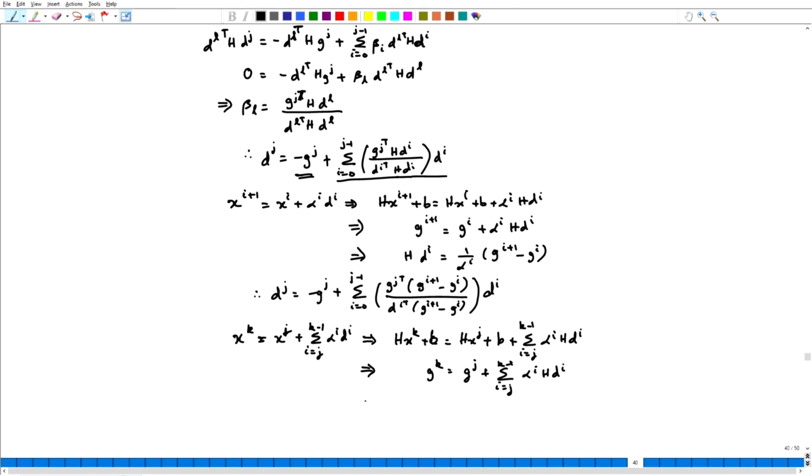So, this is just g k equals g j plus summation I equal to j to k minus 1 of alpha I H d I. Okay. Now I will multiply d l transpose throughout. So, we will have g k transpose d l equal to g j transpose d l plus summation I equal to j to k minus 1 of alpha I d l transpose H d I, right.